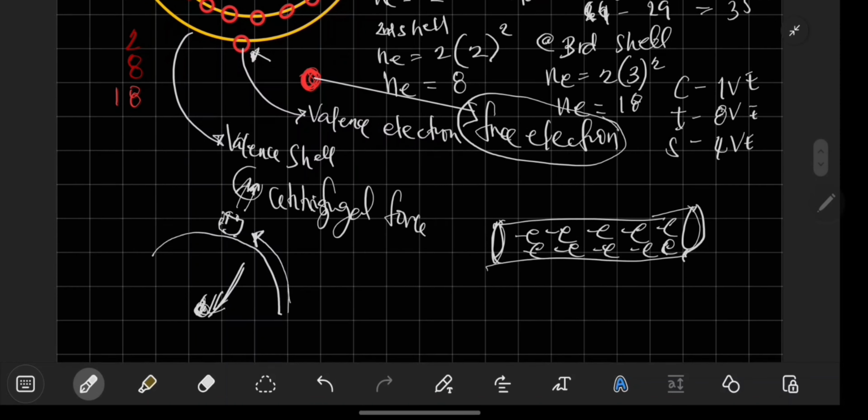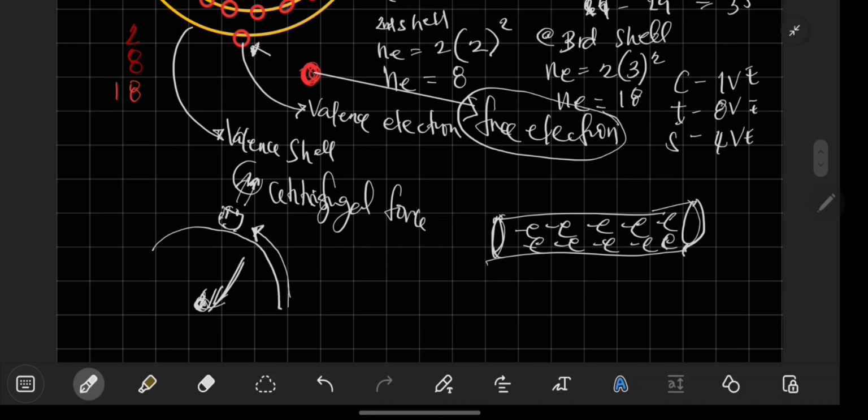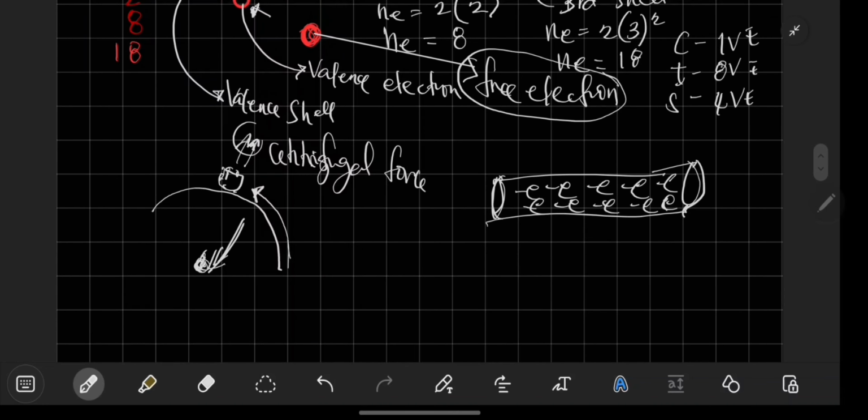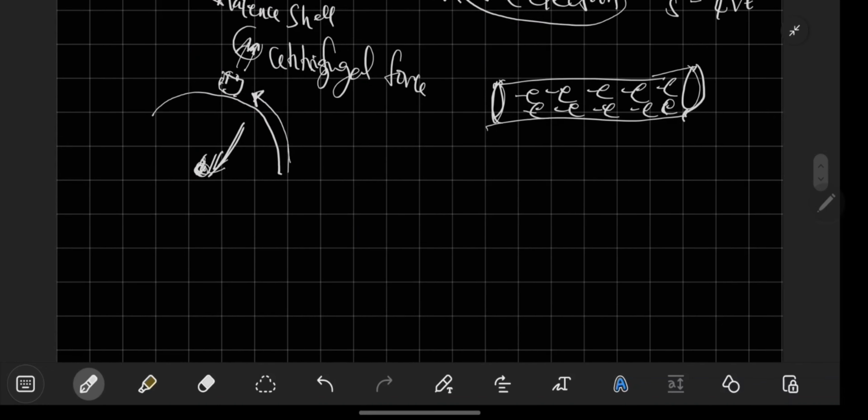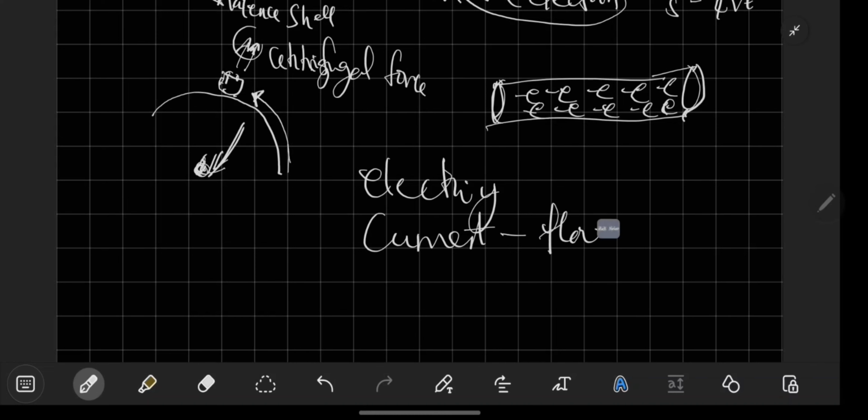So, ito na yung naging debate dati na bakit daw yung flow ng electron is conventional. Yung electrons o yung electricity naman or the current by definition is a flow of electrons.